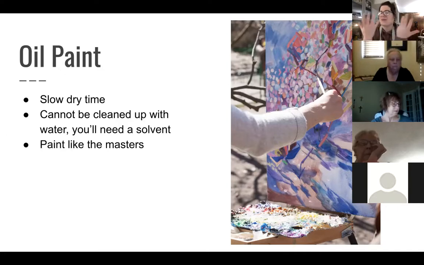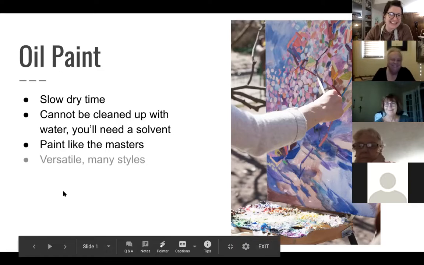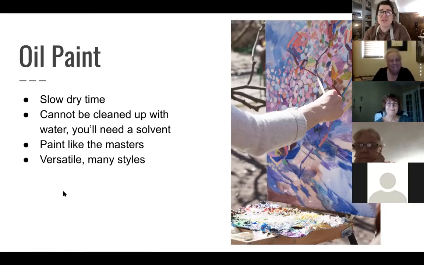This idea that you get to paint like the masters, right? A lot of them were traditionally using oil paint, so it's kind of fun to feel that. That's how I felt, like it's real paint, it's top tier. I would say it's very versatile though. There are many styles and many fun things you can do with oil.